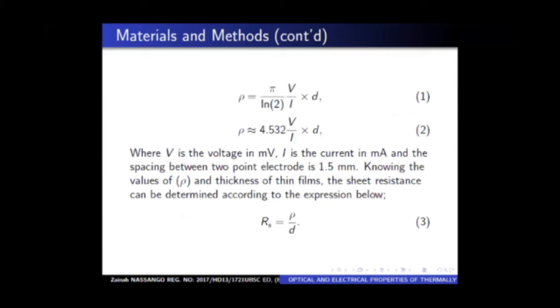So whereby the V will be standing for the voltage in millivolts, I will be the current in milliamps, and the spacing between the electrodes will be 1.5. Then the expression below will be used for determining the thickness given the sheet resistance.